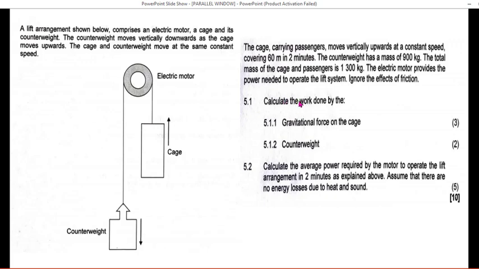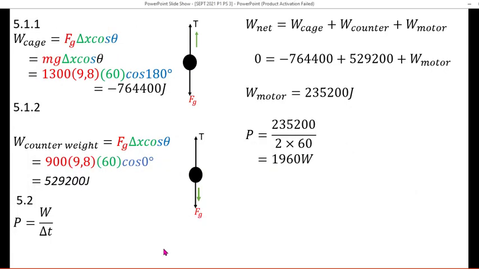Then we come to the next question, which is 5.1.2: calculate the work done by the counterweight. Remember, the counterweight is also using its own weight to do work in this system. So we have to find its weight, or the gravitational force acting on it. When we go back, we also draw a free body diagram.